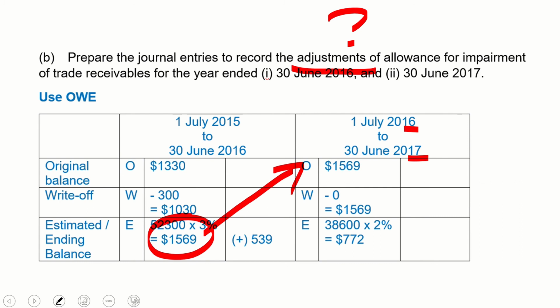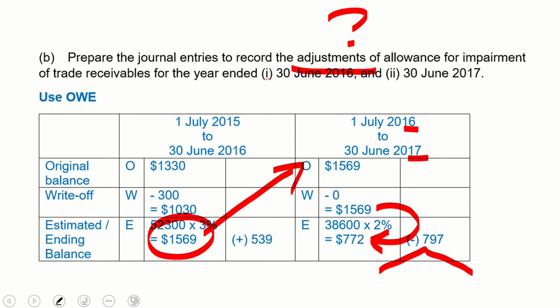So you now have 1569, but you only want 772. You compare these two numbers, right? You only want 772. So what you need to do is you need to decrease your allowance. And when you decrease your allowance, you need to minus 797 to get 772.